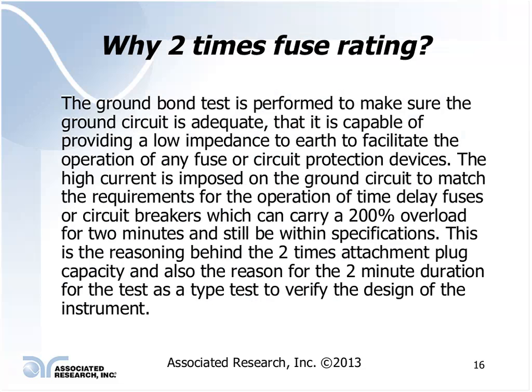The ground bond test is performed to make sure that the ground circuit of the product is adequate, that it is capable of providing a low impedance to earth to facilitate the operation of the fuse or circuit protection device. This high current is imposed on the ground conductor to match the requirements for the operation of time-delayed fuses or circuit breakers, which can carry a 200% overload for 2 minutes and still be within specifications.